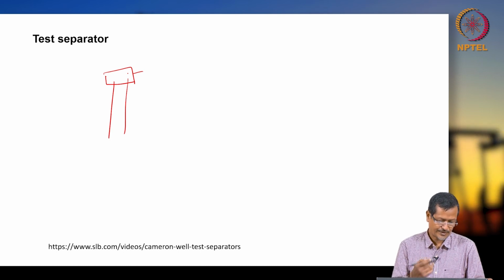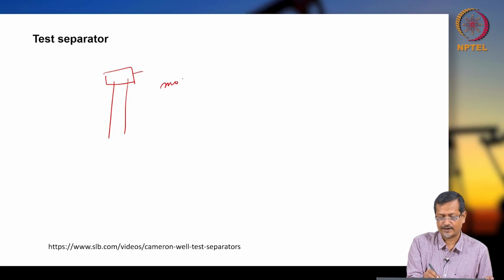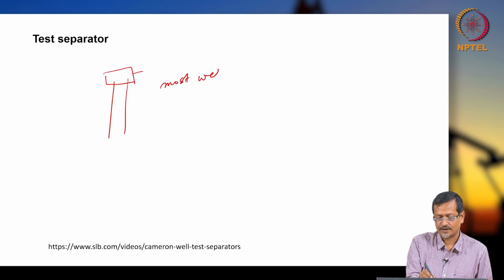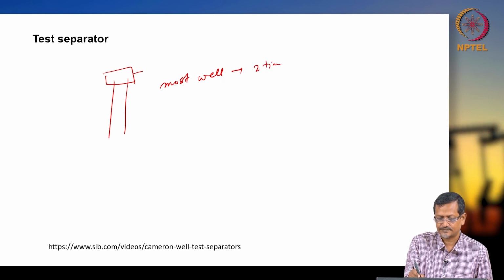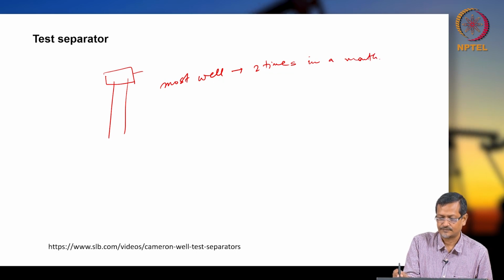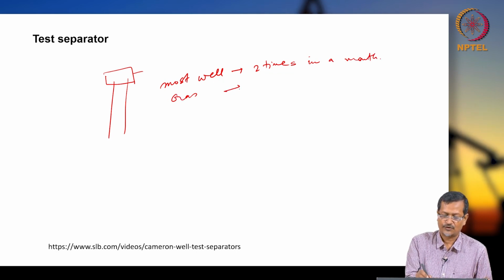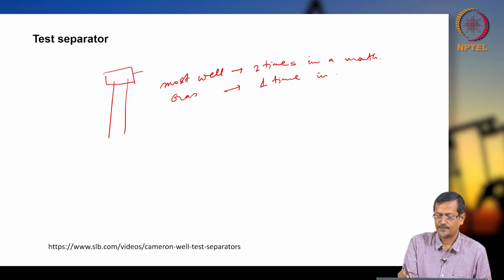For example, most wells should be tested at least twice in a month, okay, two times a month. Gas wells normally once in a month.